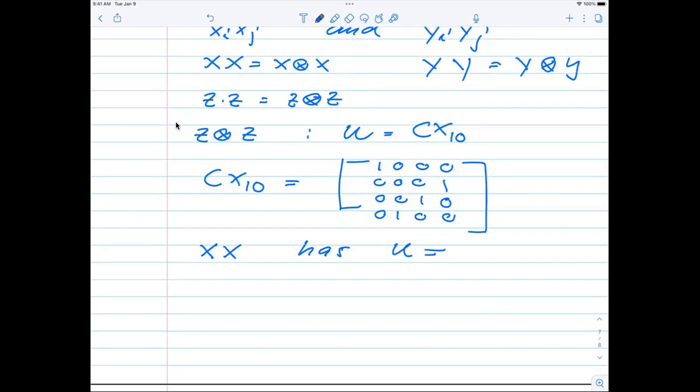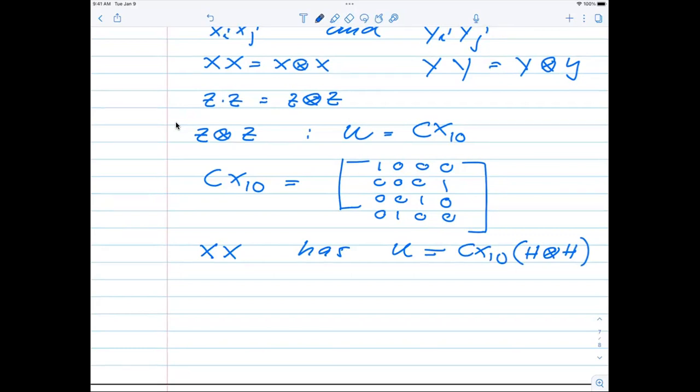So I'm going to have this CX10, which is the same matrix which we had before. And in this particular case, what we're going to have then is this matrix multiplied with a tensor product of two Hadamard matrices. So I'm just listing up all these alternatives which we have, because we would have to implement them. So this is going to give us X times X.